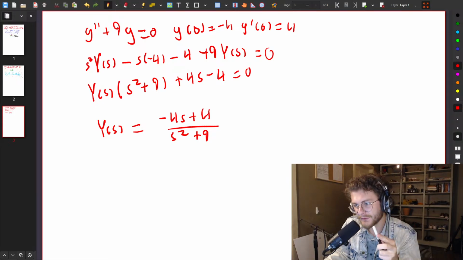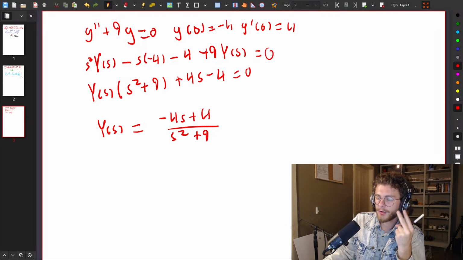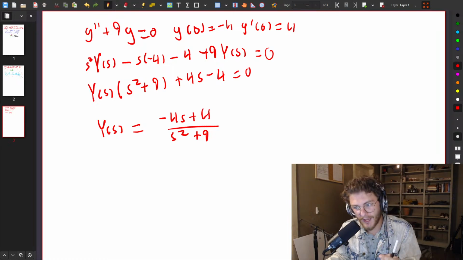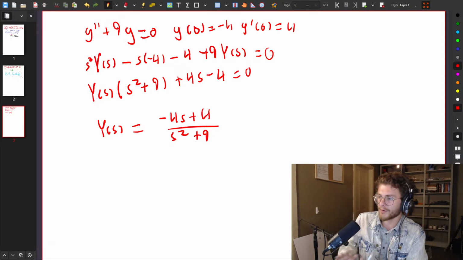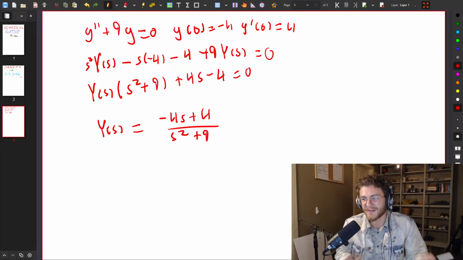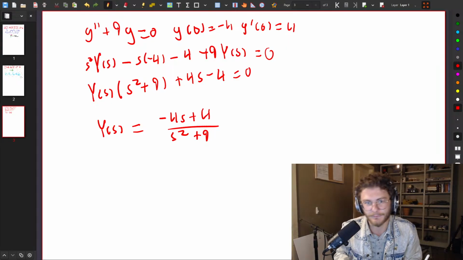This could be simply broken up into two equations, one of which could be reverse Laplaced into sine of t, and the other into cosine of t. Not x, but t.